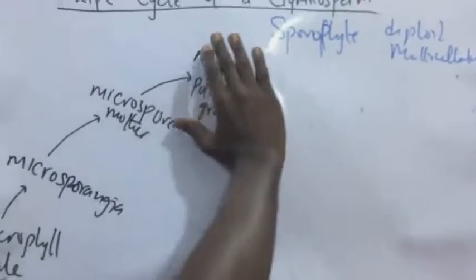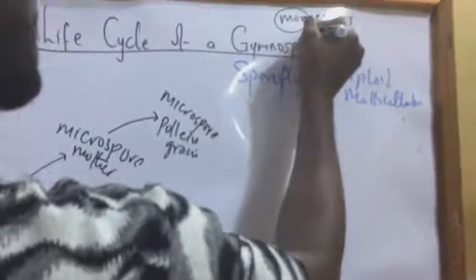I will hold on this for now. I then go back to the mature sporophyte again. Note that a sporophyte of gymnosperm is usually monoecious. Mono means one.